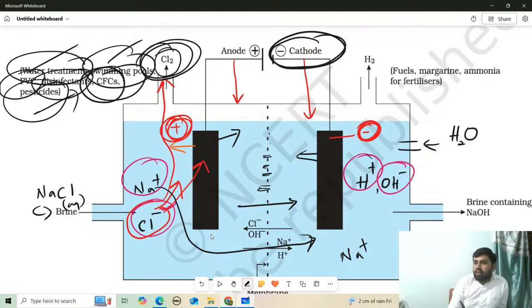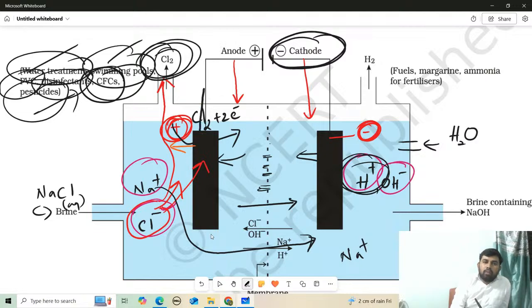Now come to the right side, where we have hydrogen ions. Try to understand what happened here. The chloride ions came here and lost their two electrons. These electrons entered near the anode and are moving in this direction, entering this electrode.